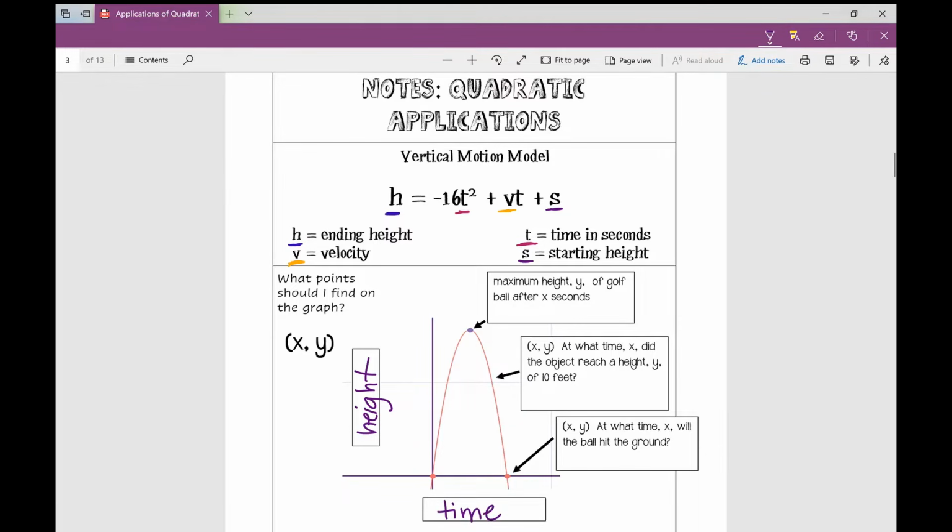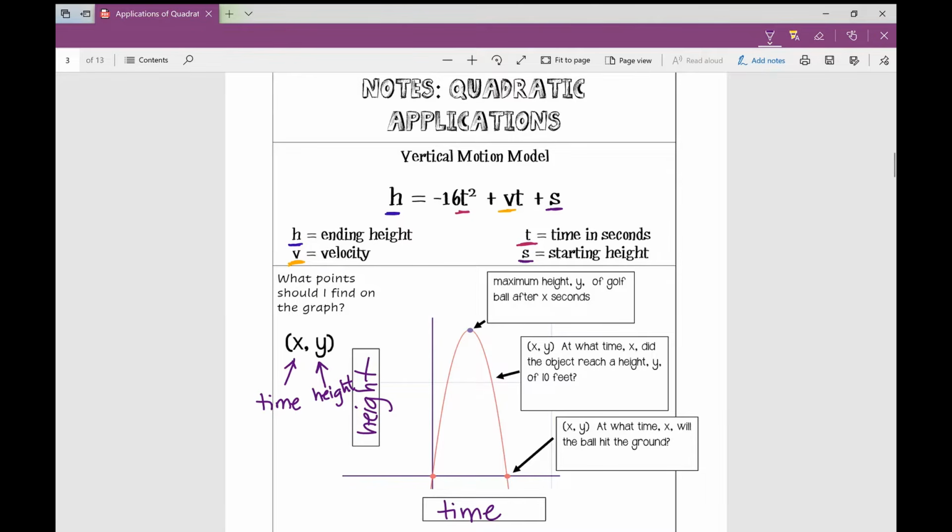If I know in my word problem that height represents the y values and time represents the x values, I like to draw or write an ordered pair and label my x values as time and my y values as height. So I can just reference that throughout my problem solving process.